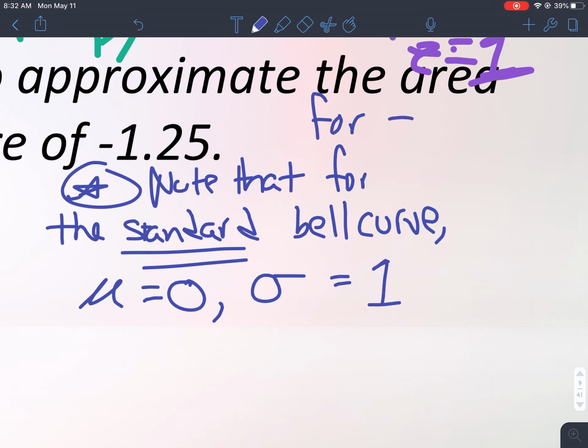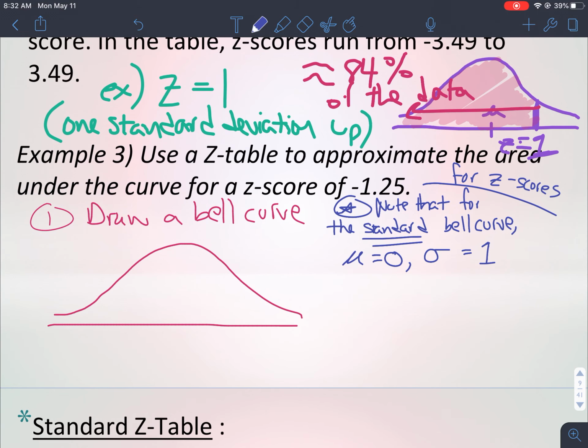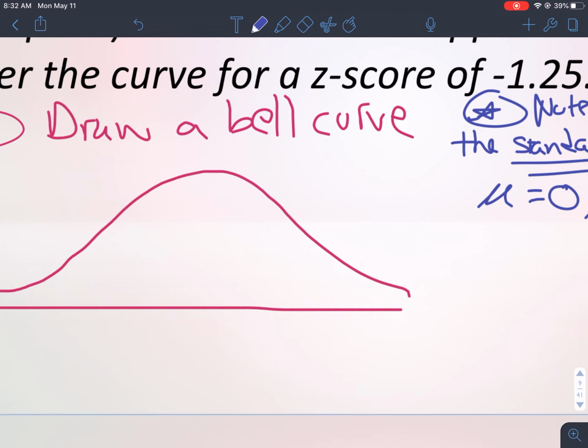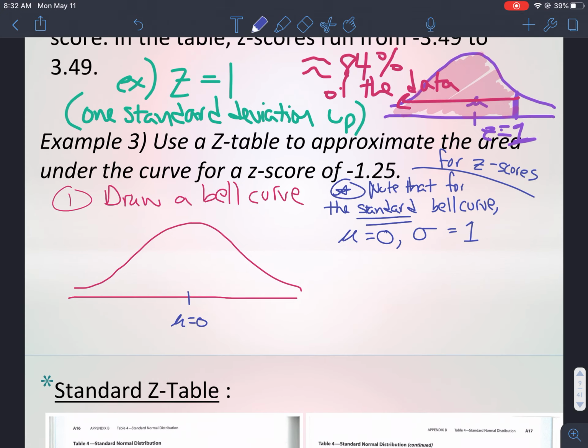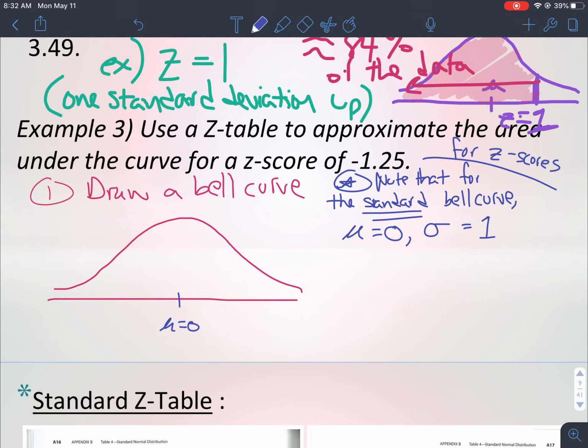And that's for z-scores. Okay, so anytime we talk about that word standard, it's the standard bell curve. So we can put 0 here. And that means a z-score of negative 1.25 would be to the left.